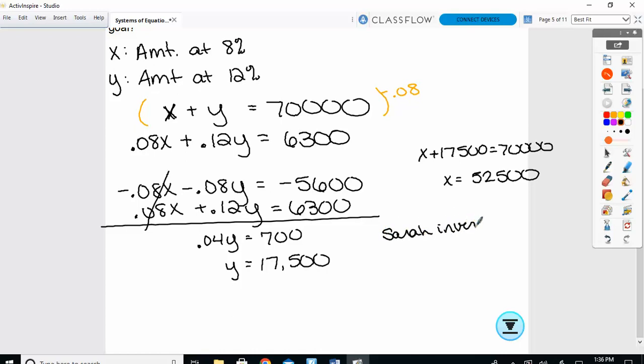So Sarah invests $52,500 at 8% and $17,500 at 12%. What questions do you guys have?